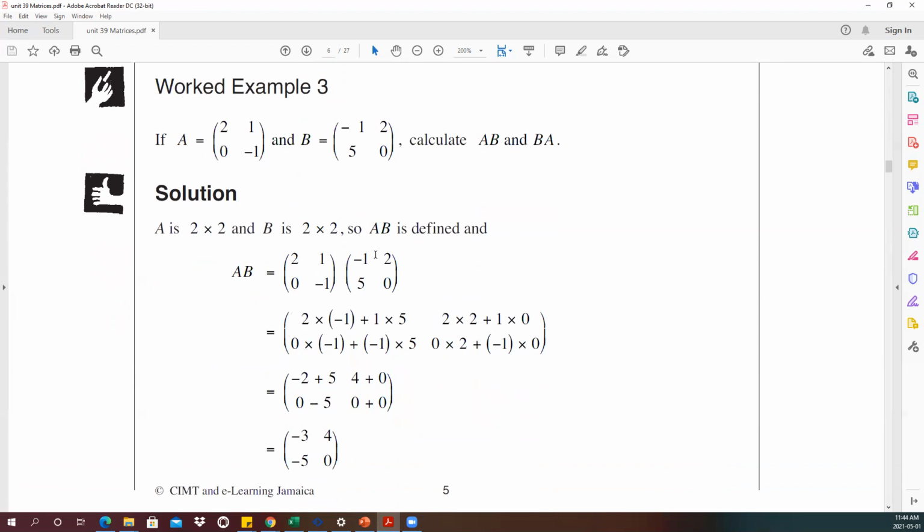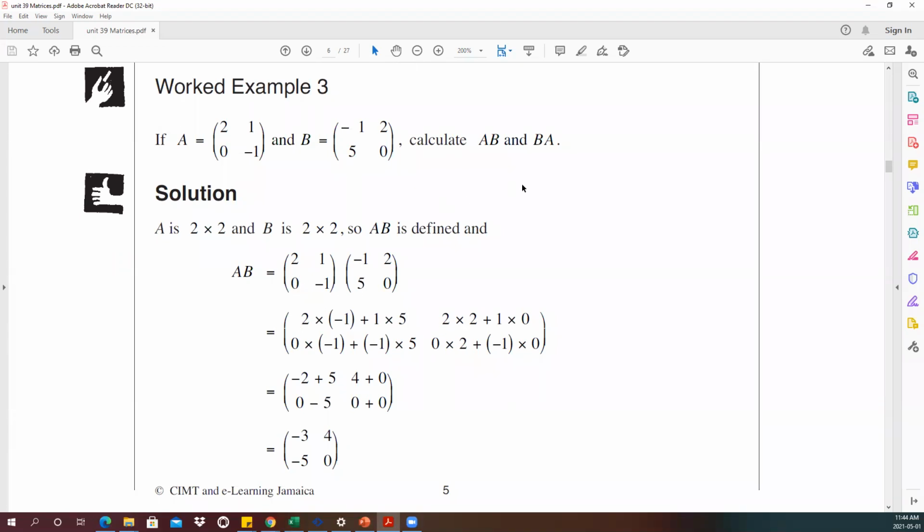So 2 times minus 1 plus 1 times 5, form up a 7. So you get this piece here. Right? Not so easy to highlight. But you get that piece there. Then you go again. So all right, this and this.